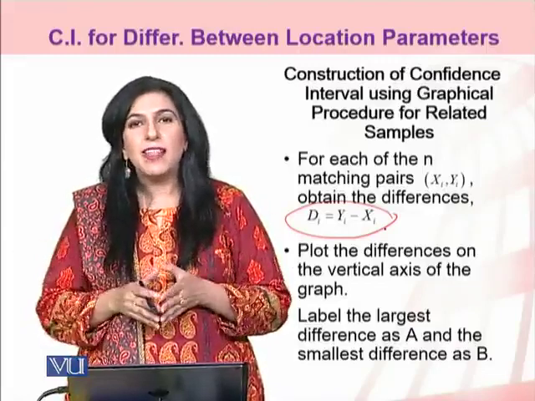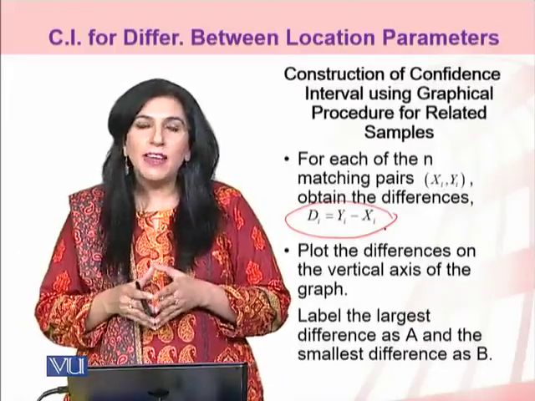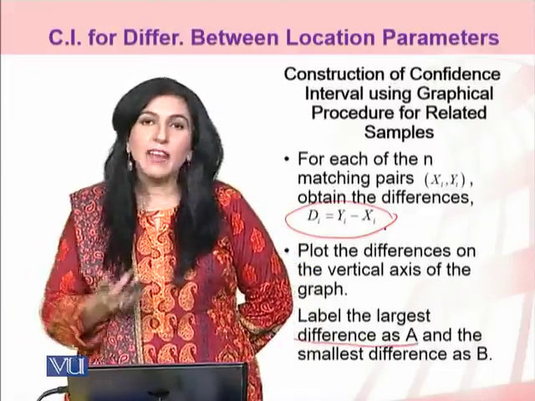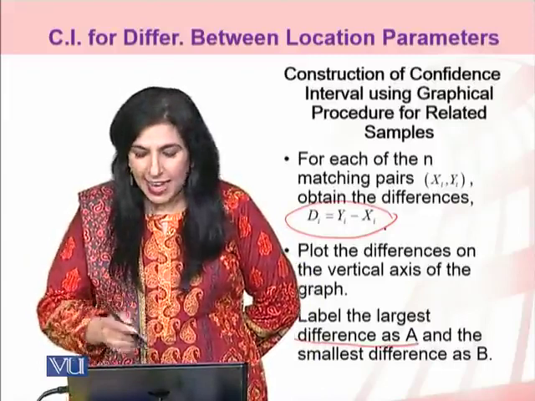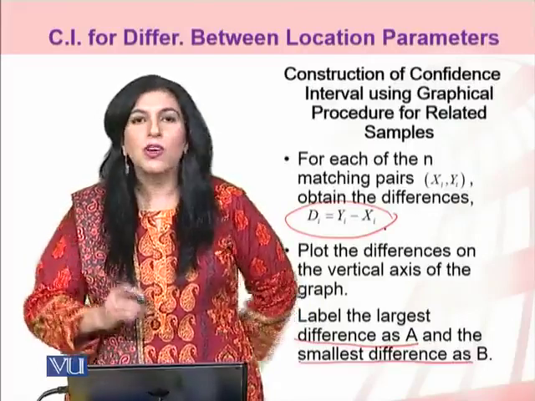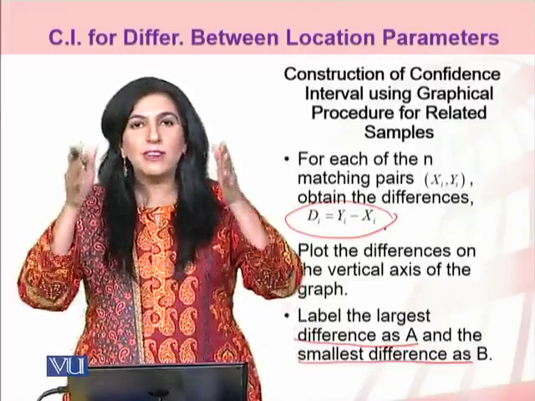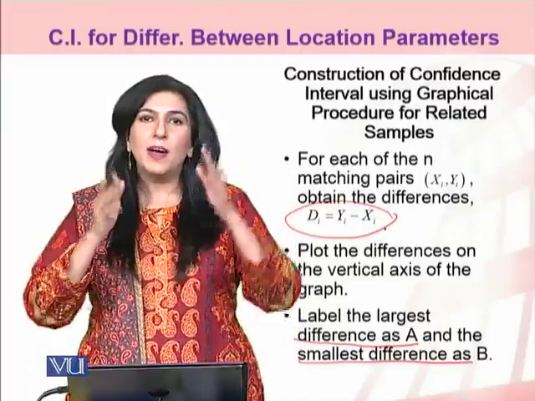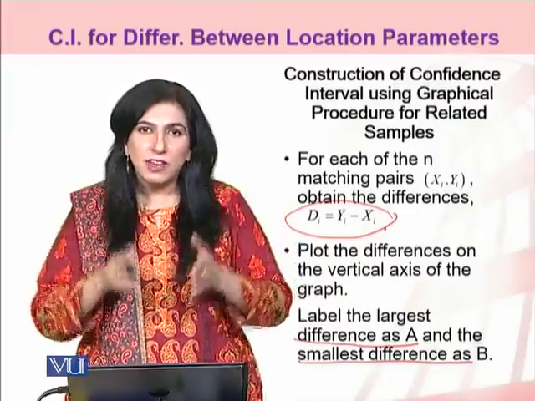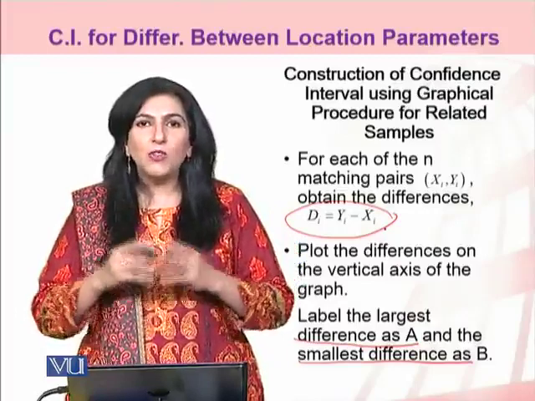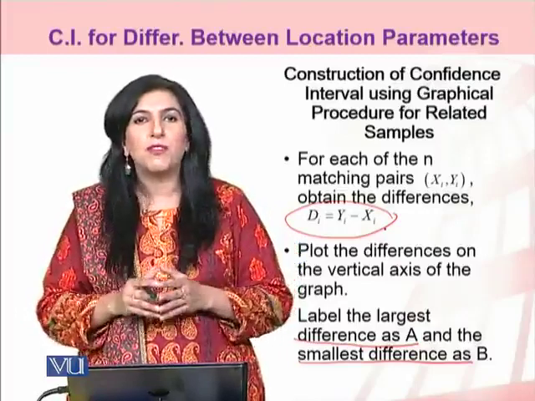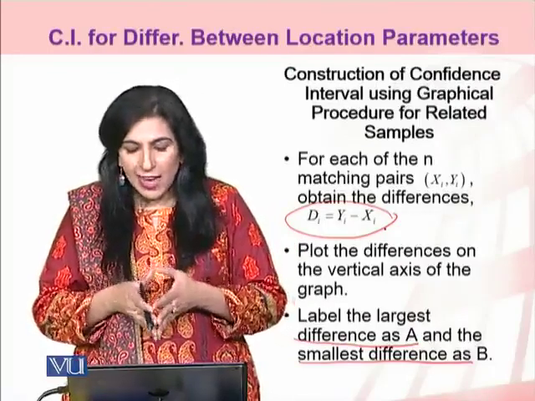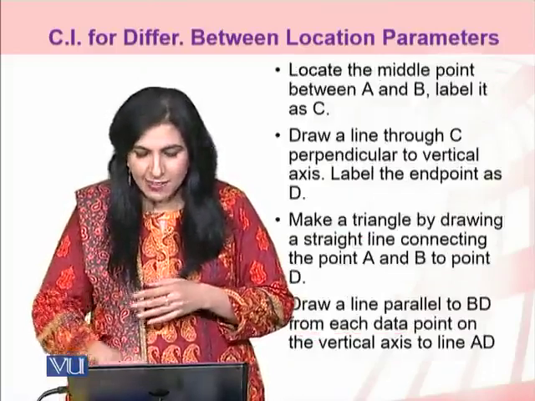Once you are done with that, the next point is to label the largest and smallest differences. Once you have observed all the differences on the vertical side of your graph and noted them down, the most minimum difference you need to label as A and the maximum one as B.